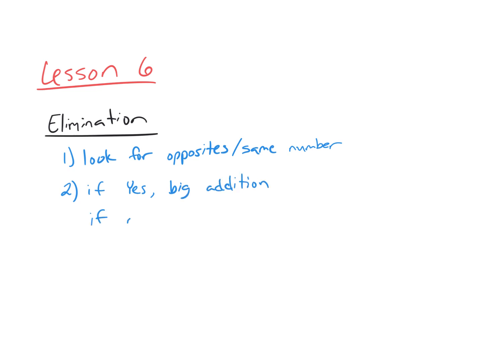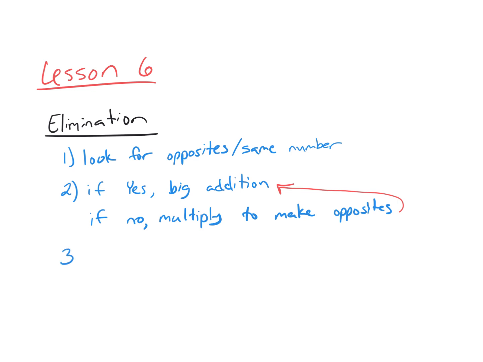If no, what do you do if you don't have opposites? We have to change it, right? What do you have to do? Multiply. Yep, multiply to make opposites. And then once you have opposites, you can do big addition.